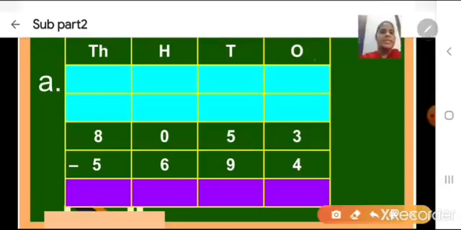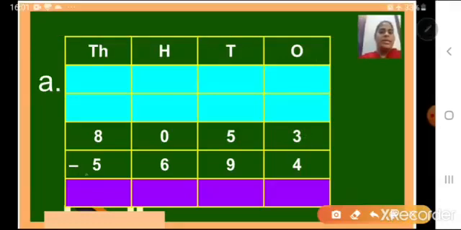In ones place, we have 3 minus 4. Is it possible, 3 minus 4? No, it is not possible, right? So number 3 will go to tens place and borrow. So in tens place we have number 5. 5 tens will give 1 tens to ones place. 5 minus 1 is 4.